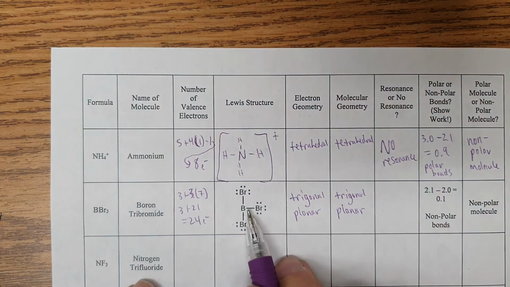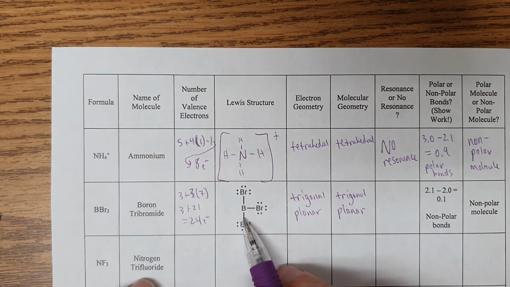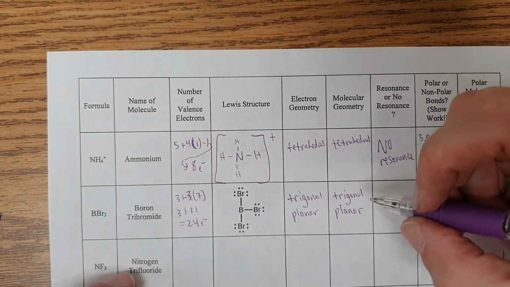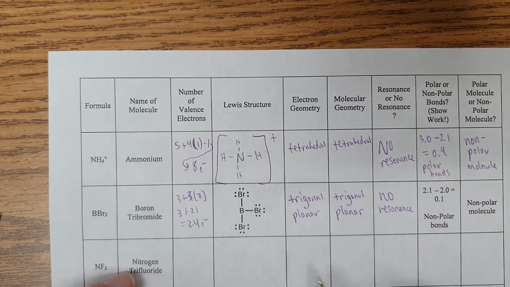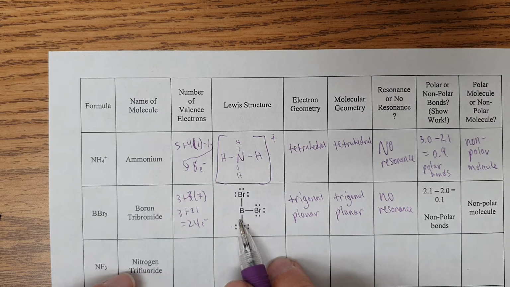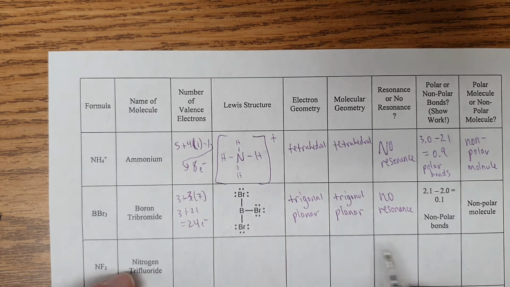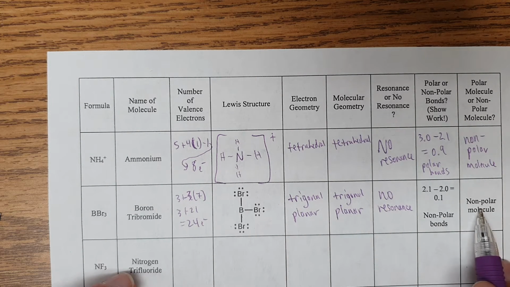No resonance because there's no other way to arrange these electrons without messing something up. Boron doesn't follow the octet rule, so just leave it as is. I know you could move one of these to be like a double bond and make boron follow the octet rule, but it just doesn't. Leave it alone.